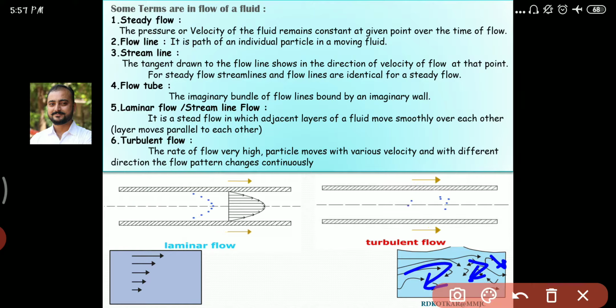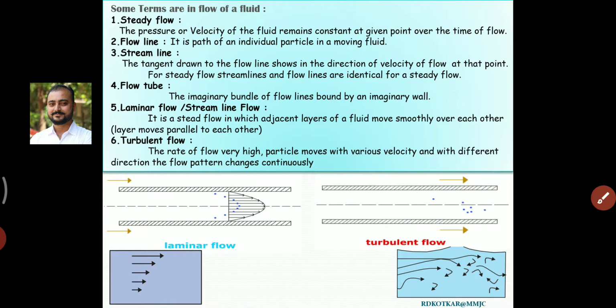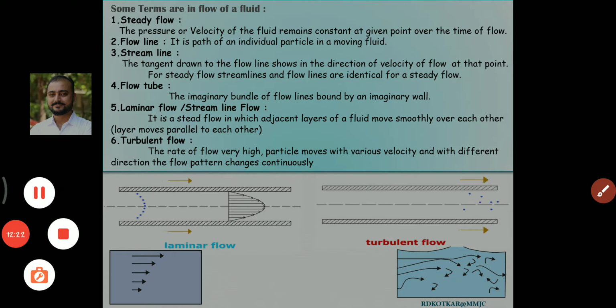Then we can compare both. You observe the particles in the second diagram move anywhere, but in the first diagram they move with a certain rhythm.